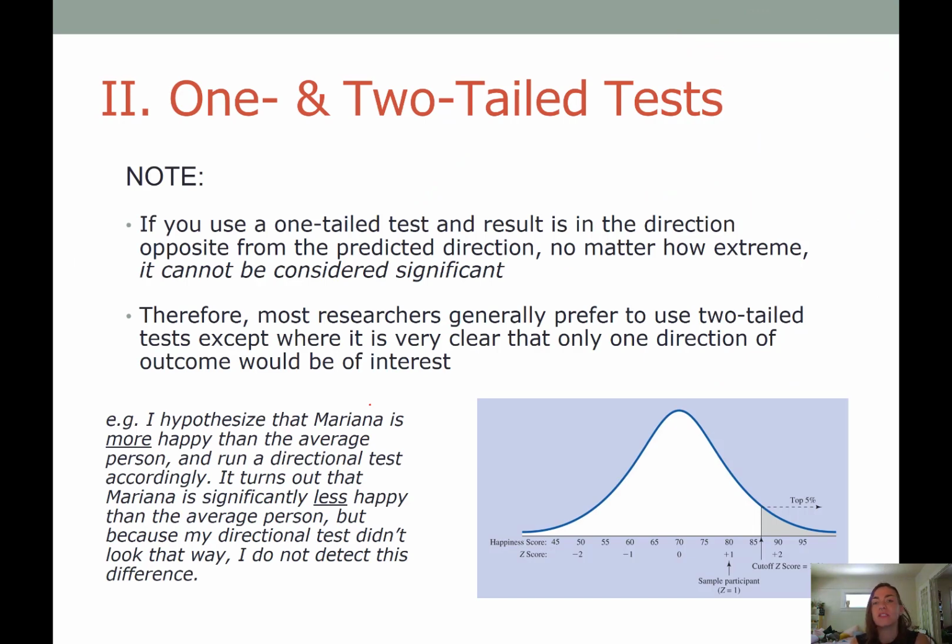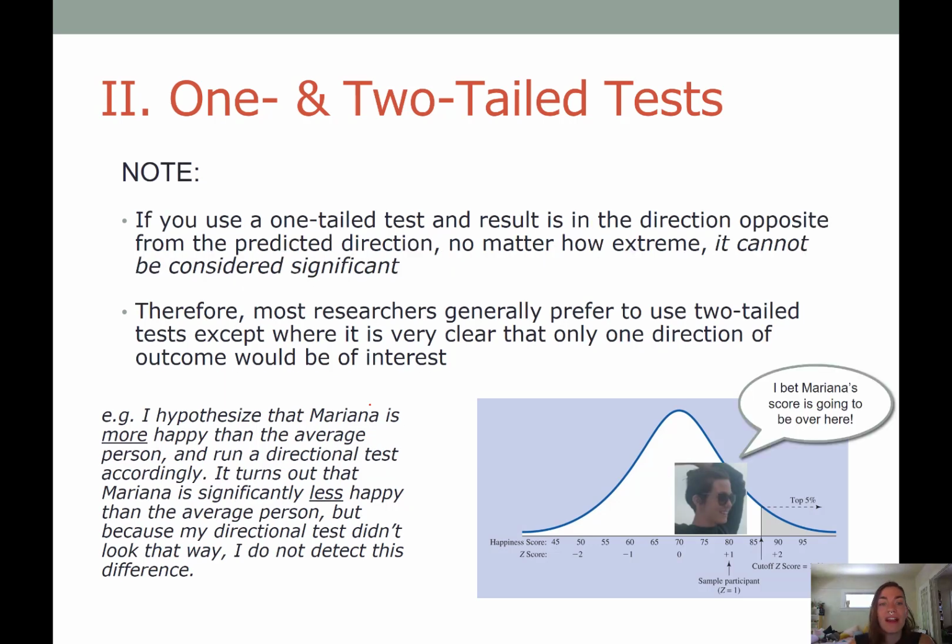Alrighty, and this is just a note of caution here. If you are using a one-tailed test and you witness a result in the opposite direction, then you cannot consider it a finding. So if I think Mariana is going to be significantly happier than the average individual, I'm looking only in this direction.